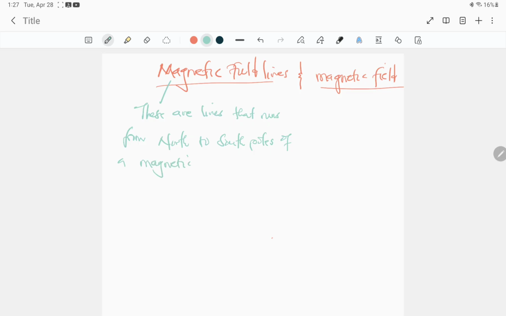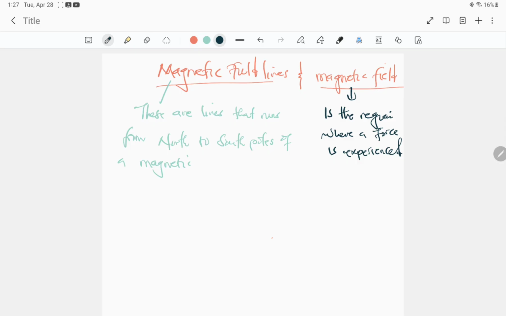That is magnetic field lines. Whereas a magnetic field is the region, it's a region where a force is detected or experienced.